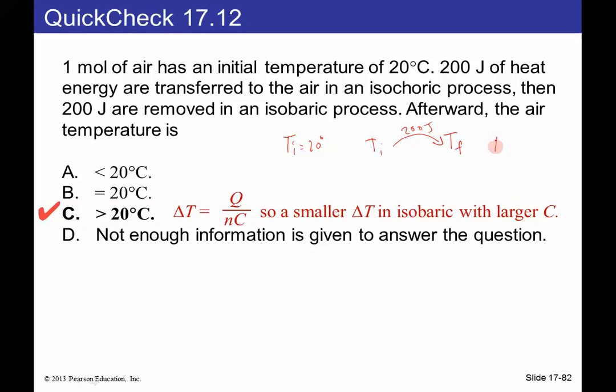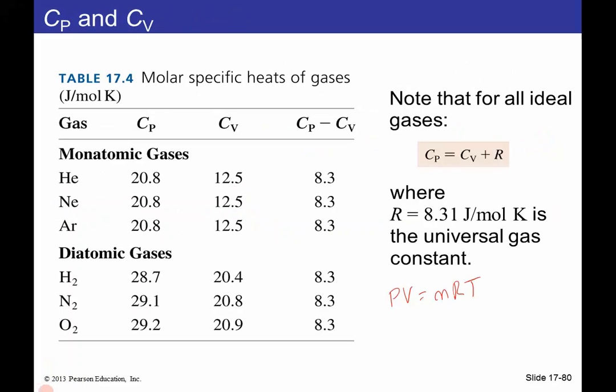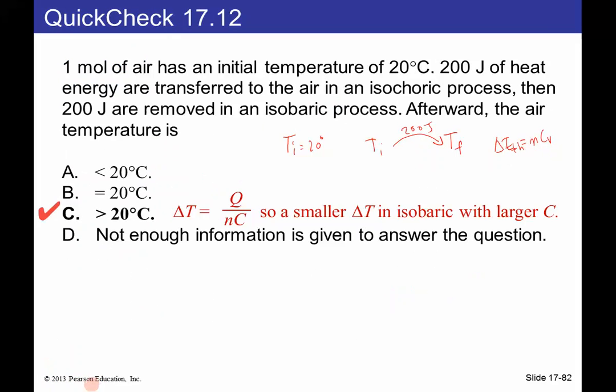So delta E thermal is equal to n Cv delta T, and Cv here, as we saw in the previous slide, is 12.5. So delta E thermal is n Cv delta T, where delta T is Tf minus Ti.